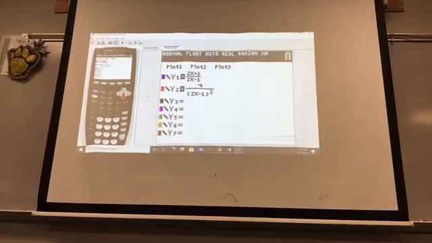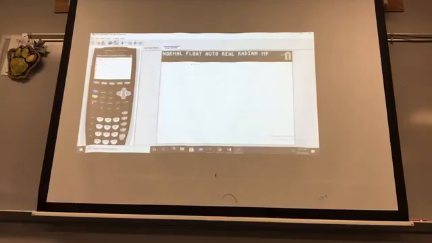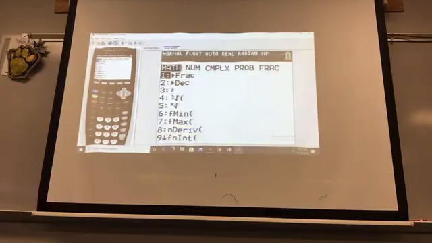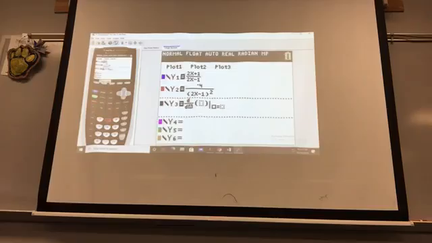So we go to math, and then number 8 is the derivative, math number 8. And then we have the notation, so it's the derivative d over dx because it's with respect to x. I want to take the derivative of my function in y1, so I'm going to put y1 in parentheses.